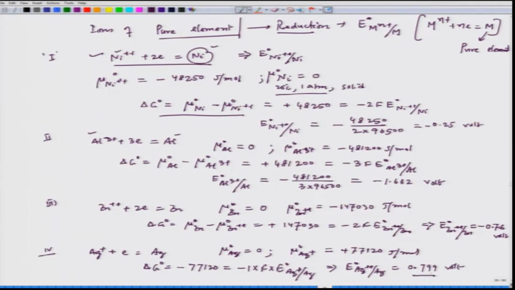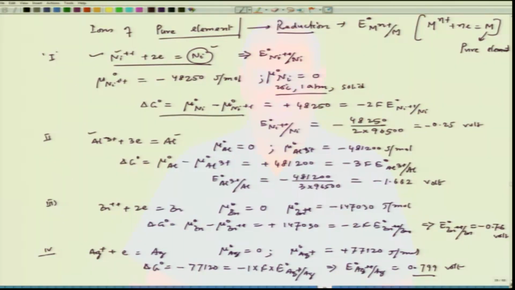Here I am getting a very positive voltage, and we know that E0 of hydrogen is 0 volt. Now you see from these calculations that in case of pure metal, for the reduction of ions of pure metal, we can have reduction potential.